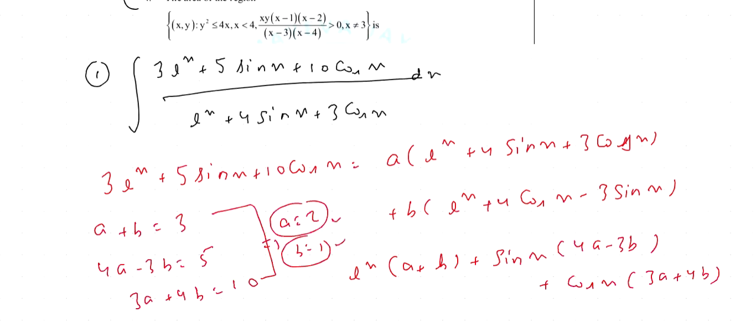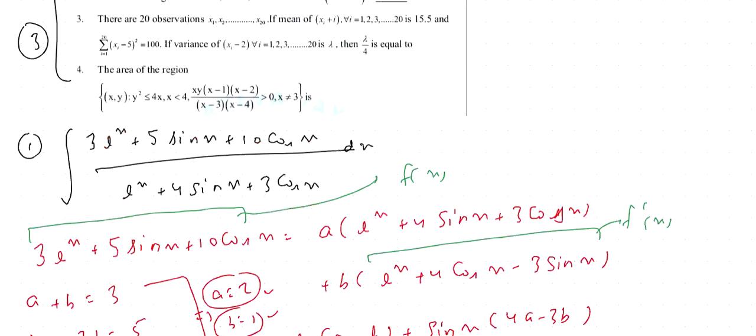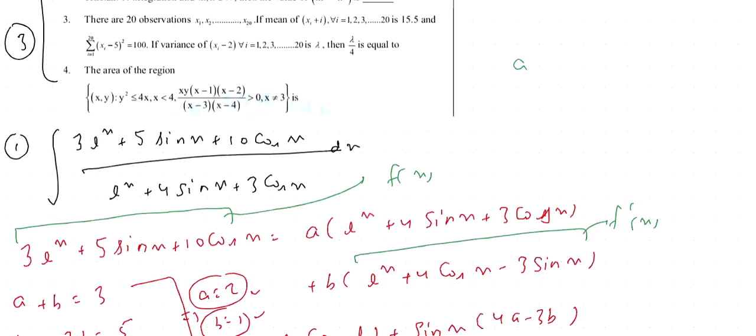So let's call the denominator expression as a whole f of x, and its derivative f dash x. So what we can write is the integral of (a f(x) + b f'(x)) divided by f(x) dx.